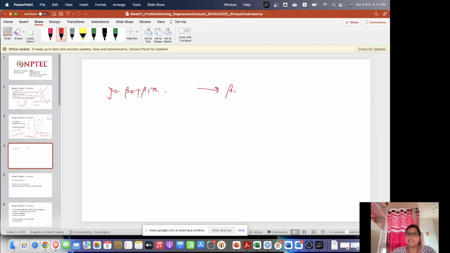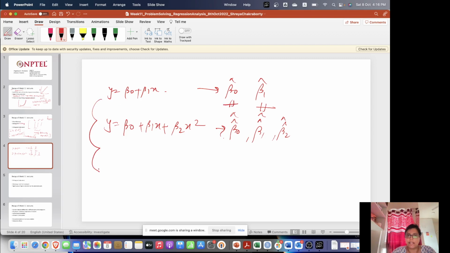Here we get some estimates beta naught hat, beta 1 hat. Then when we add beta 2 x square, the estimates beta naught double hat, beta 1 double hat, beta 2 double hat are not equal to the earlier ones. So every time we keep on adding terms, we need to recompute the coefficients. So this becomes computationally challenging.